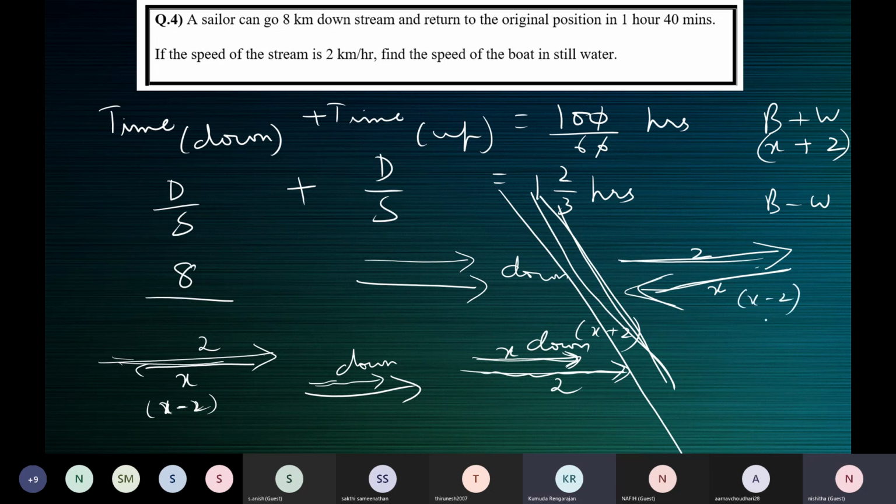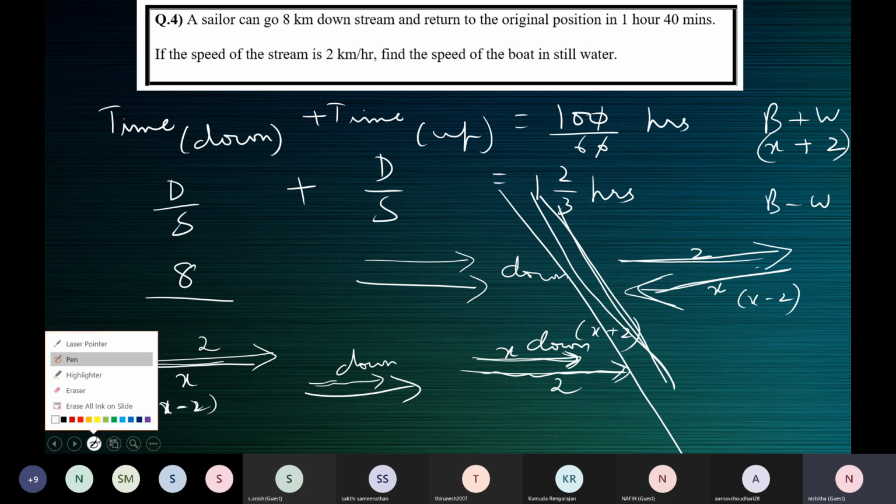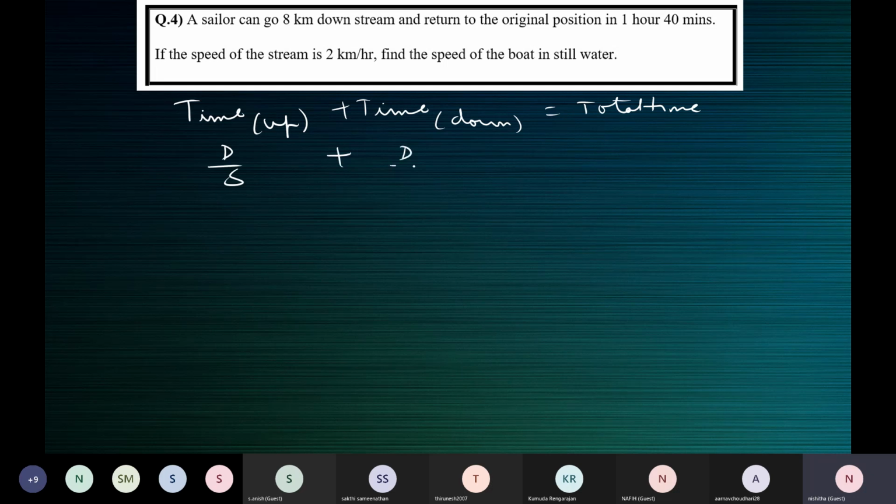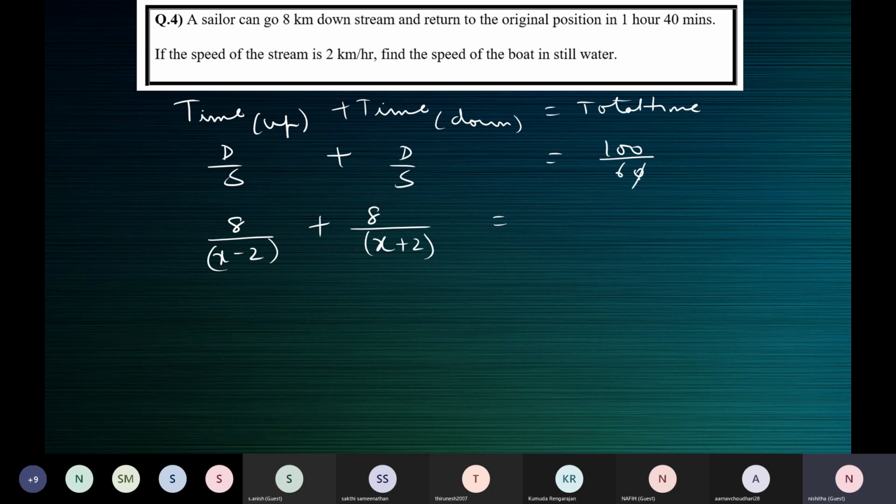So your net speed will be x minus 2. Is this correct, children? Yes, ma'am.